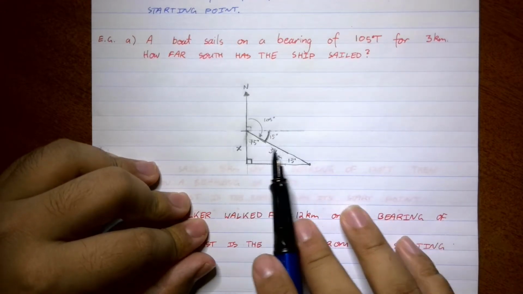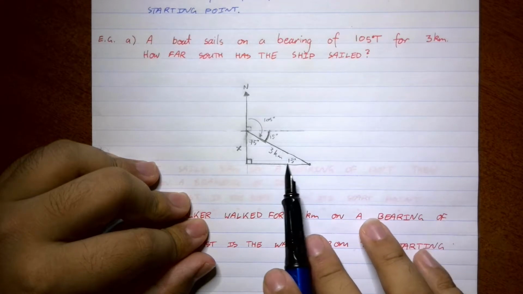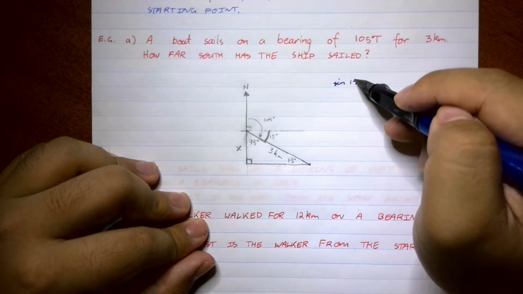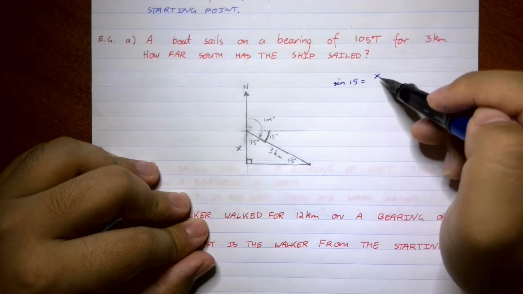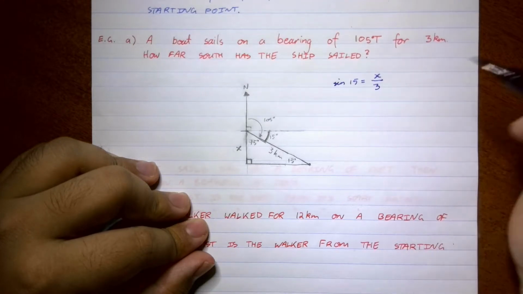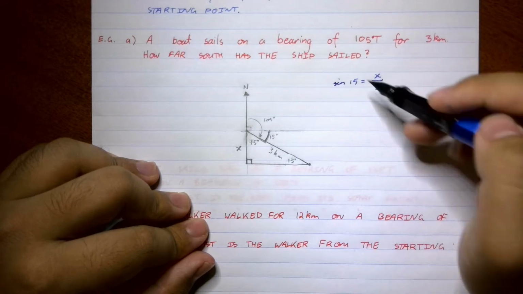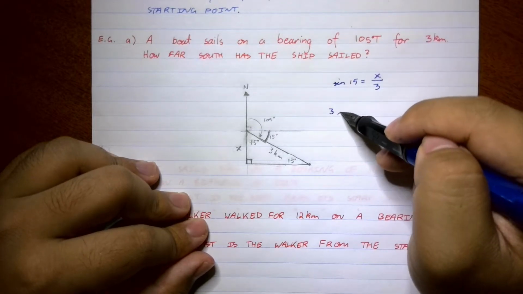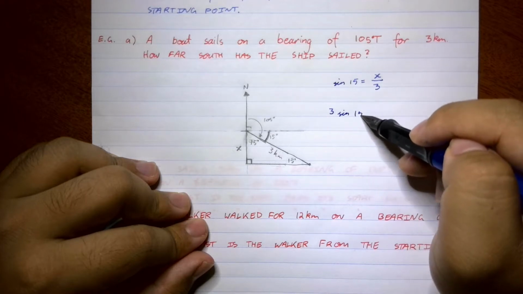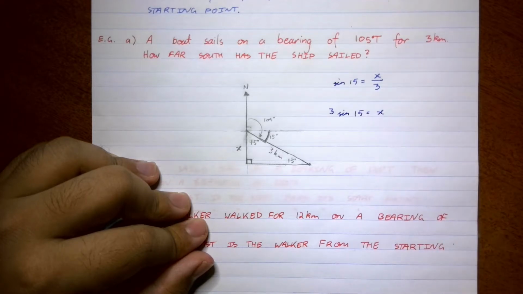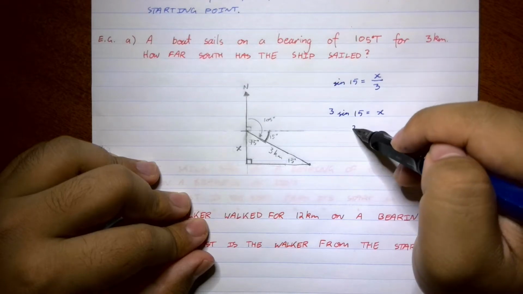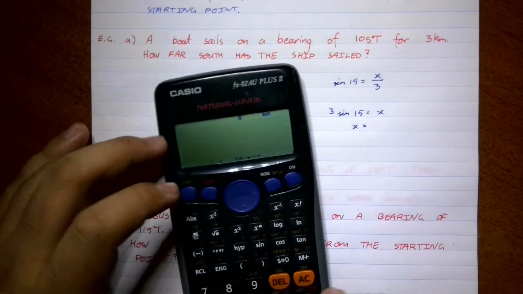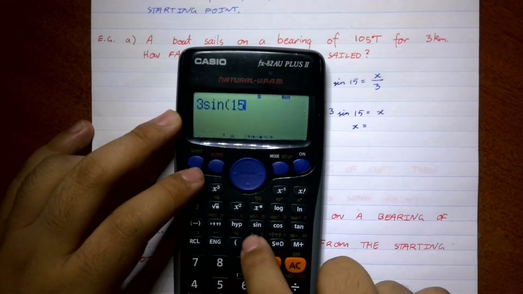So opposite, hypotenuse, so sine 15 must be x over 3 kilometers. Solving this, we multiply both sides by 3, so we get 3 sine 15 equals x. And inputting this into our calculator, x is equal to 3 sine 15 degrees.